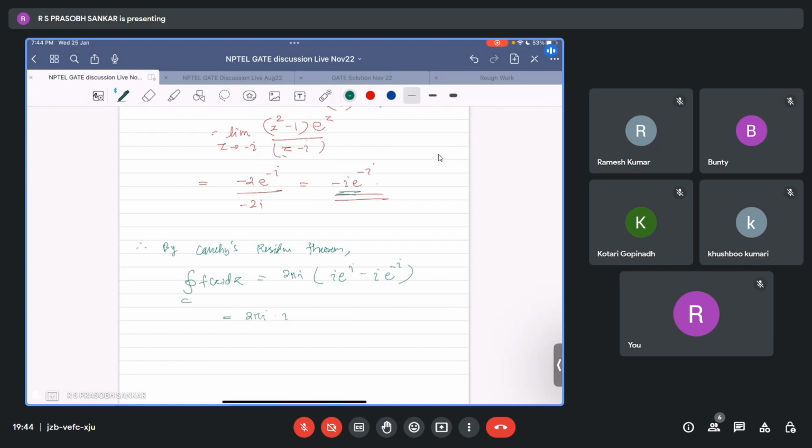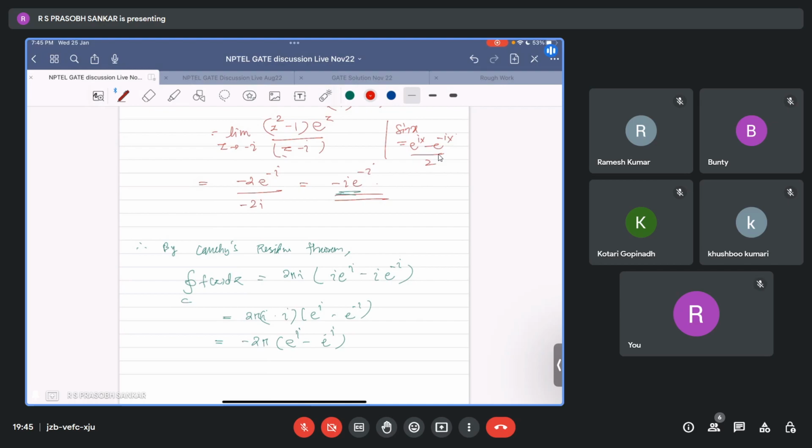So what does it mean? This is 2 pi i times (e^i minus e^(-i)), or minus 2 pi times i squared minus 1... Now note that I can write sin x as (e^(ix) minus e^(-ix)) by 2i.